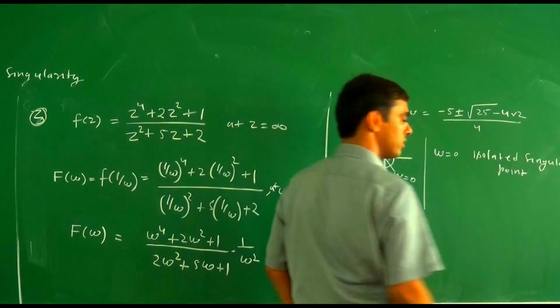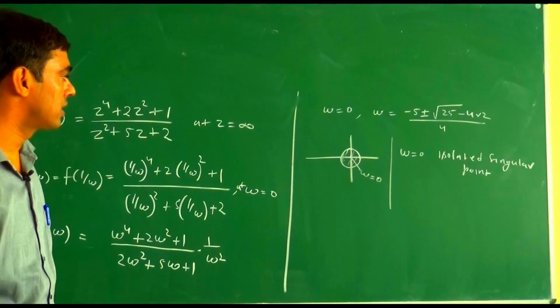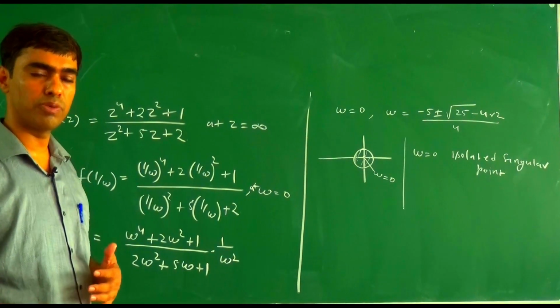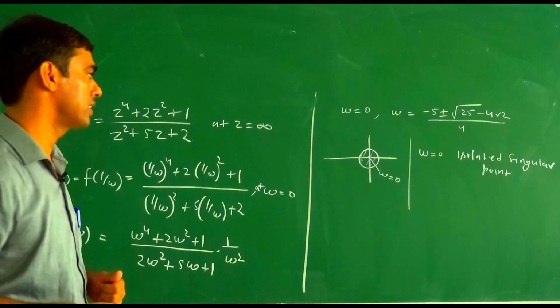Now, under the isolated singular points, this can be a removable singular point, a pole, that is a pole of order m, or an essential singular point.